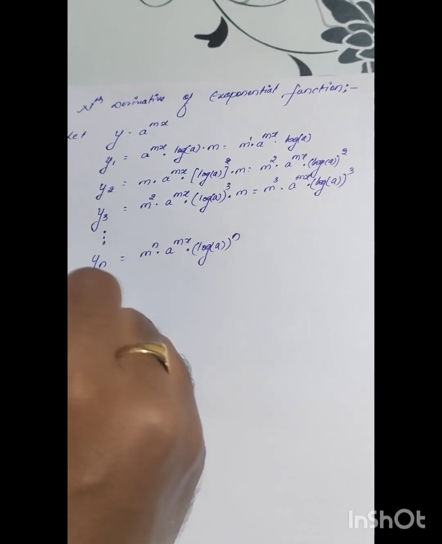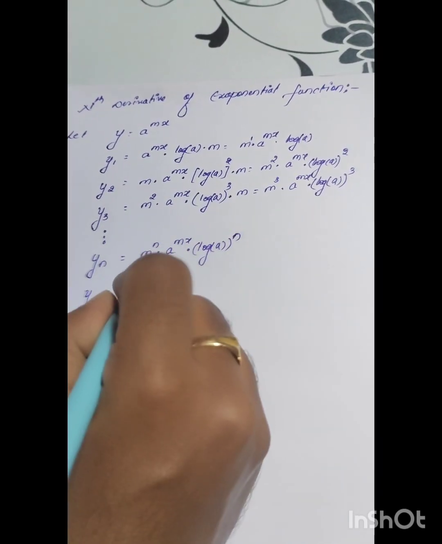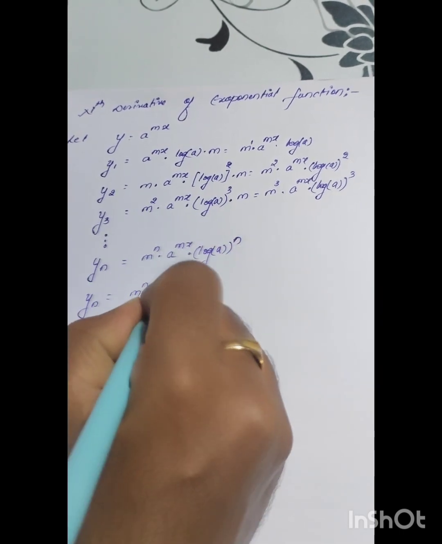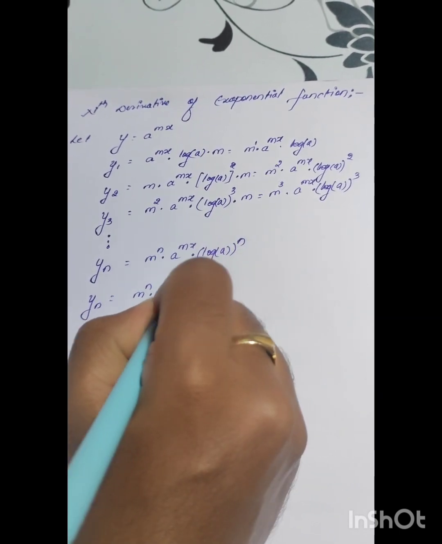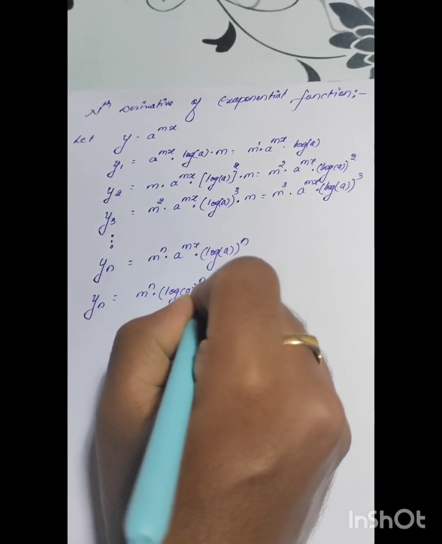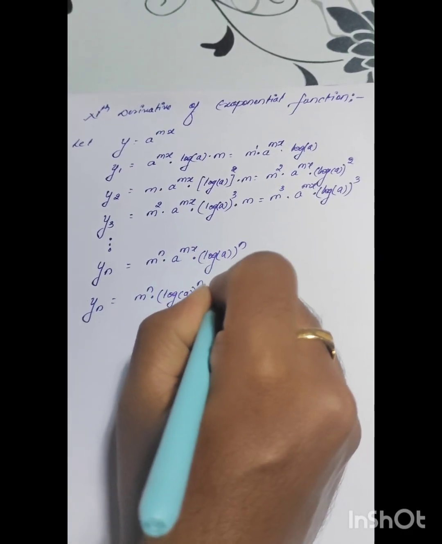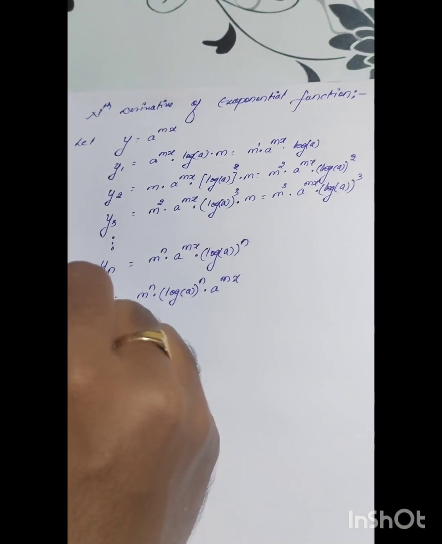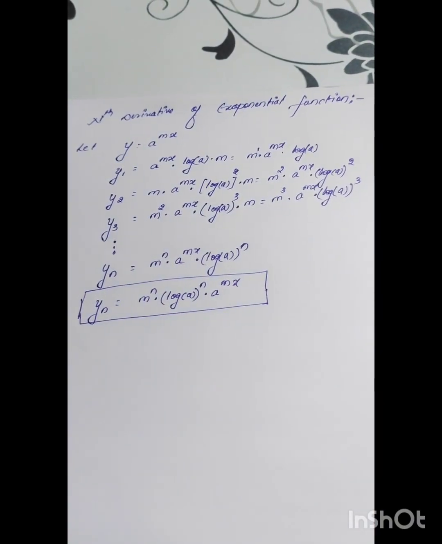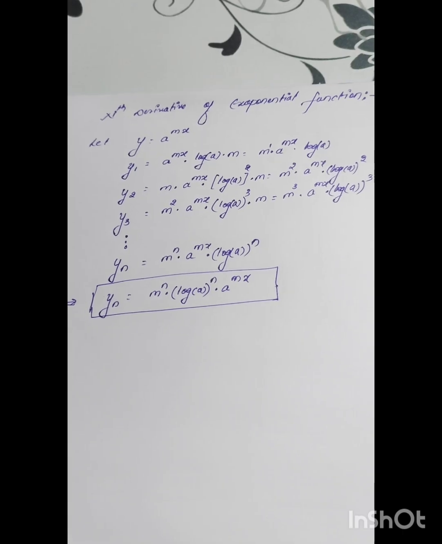This implies yn will be equal to m raised to n into log a raised to n into a raised to mx, which is the nth derivative of the given function y, where y equals a raised to mx.